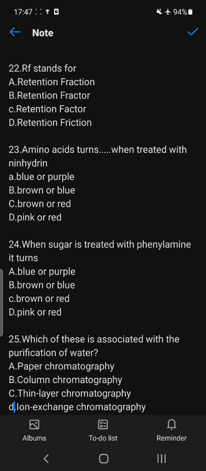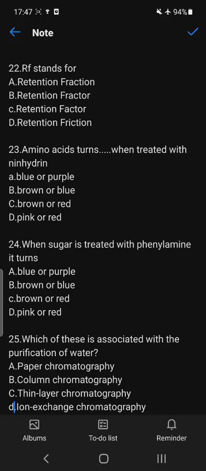And please, they will ask you, what is the principle used during chromatography? Chromatography obeys the principle of migration, or the components move at different speeds.